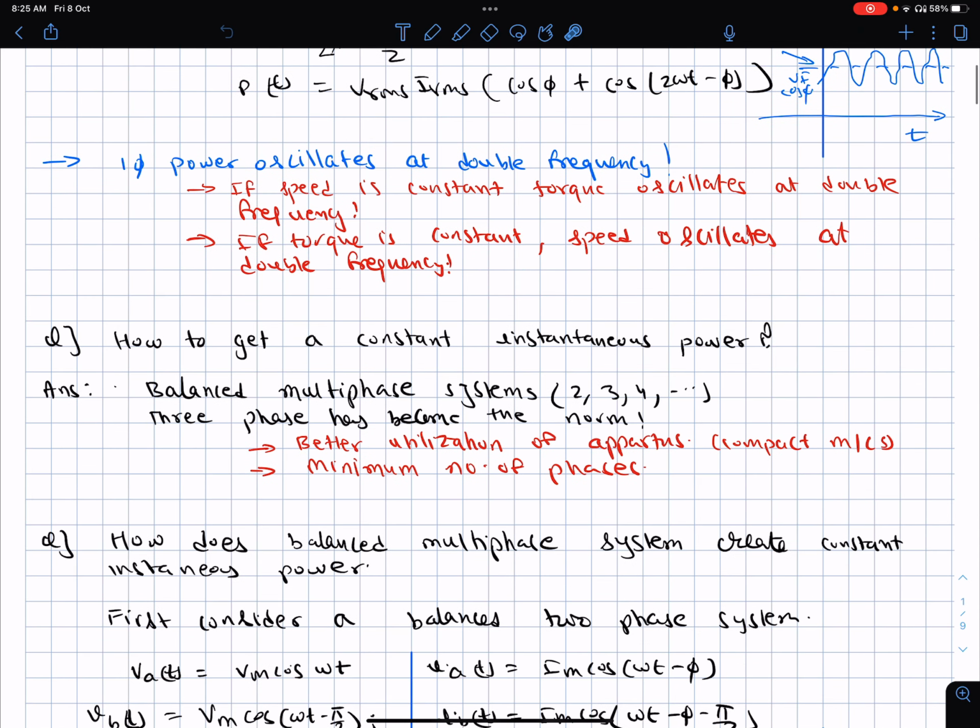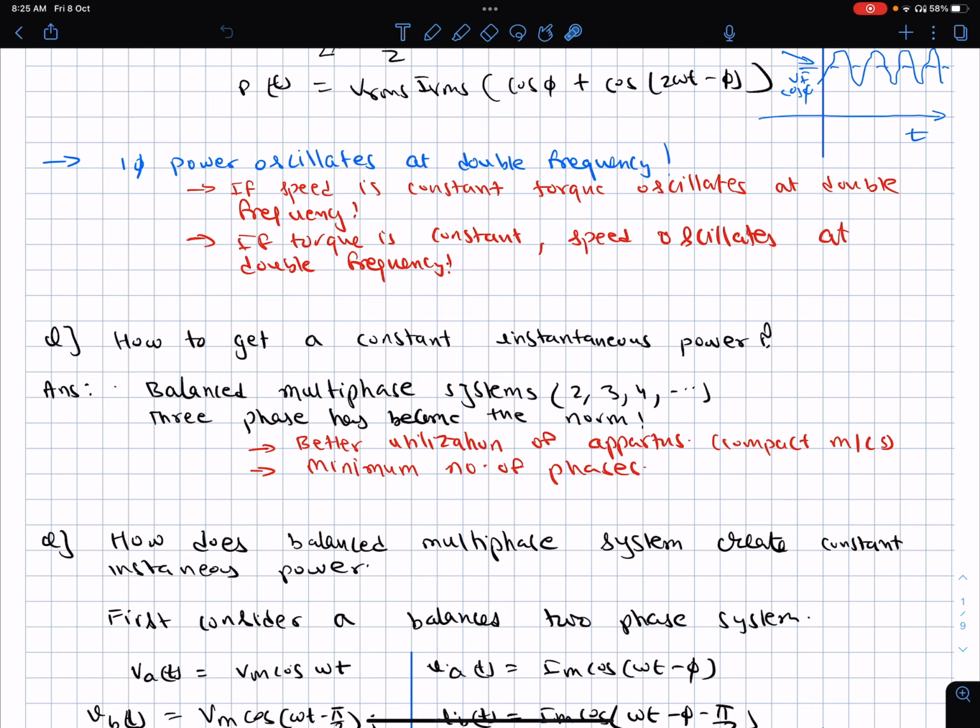And the engineering solution to that is to go for multi-phase systems, which could be two-phase, three-phase, or four-phase, or five, six, whatever. But as I mentioned in my last class, the two-phase system will not give you a good utilization of the geometry of a generator. So therefore, the next available alternative is three-phase systems, where the windings on the stator are 120 degrees apart.